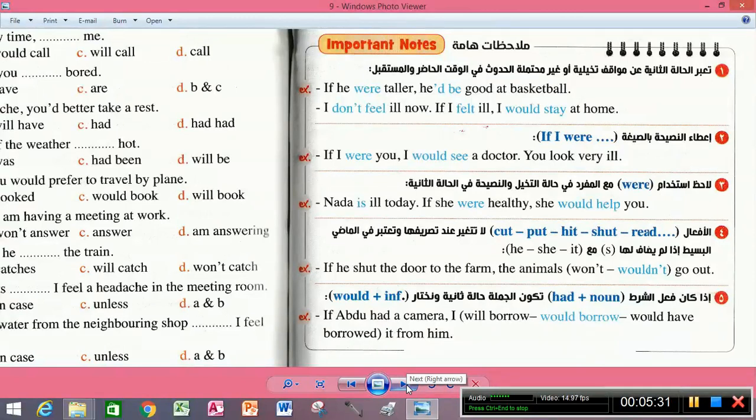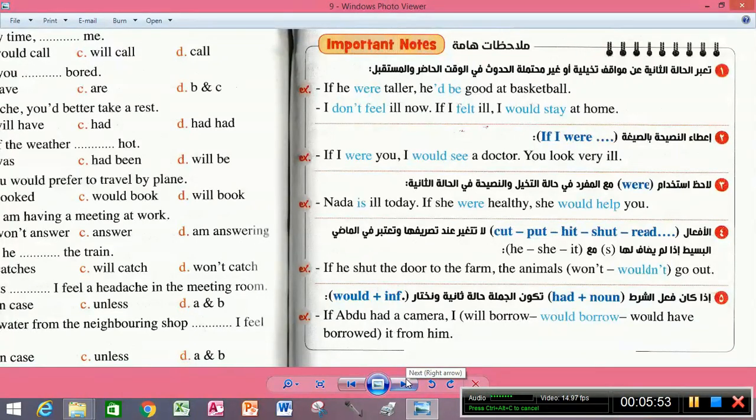Okay, guys, the verbs cut, put, hit, shut, read don't change and are always considered in the past. Some guys ask me how we can differentiate between cut, put, hit, shut, read.